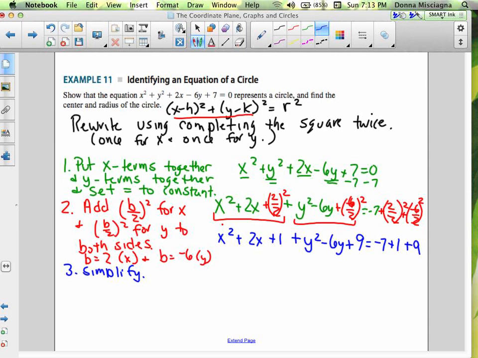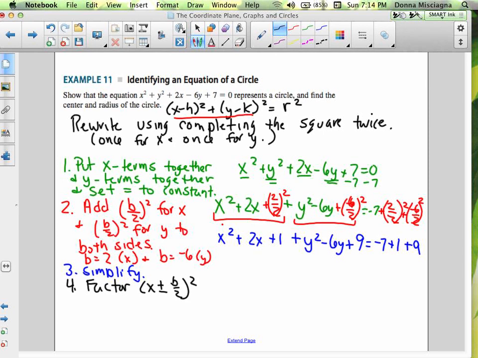All right, and so now our next step is to factor, because these are perfect squares. This is an easy factor. The factoring will always be x, whatever the sign of b is, positive or negative, b divided by 2 squared.